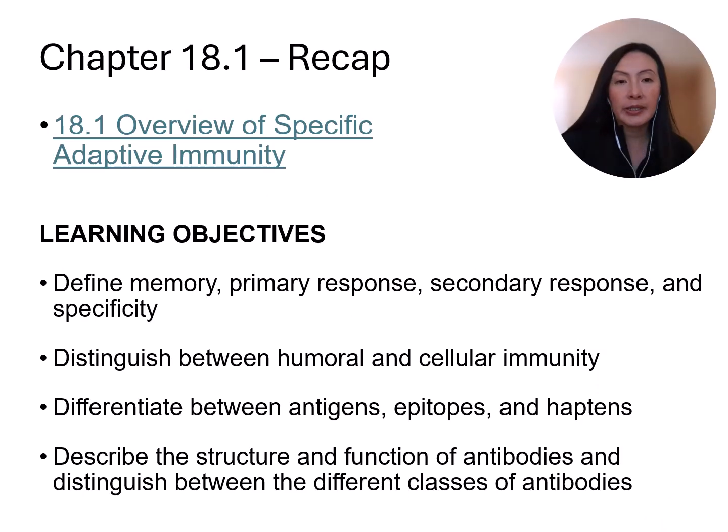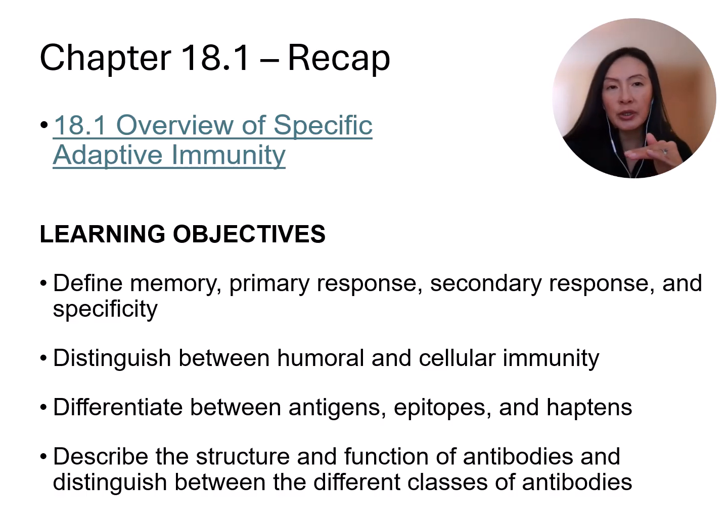All right, let's recap 18.1. Our first learning objective asks, define memory, primary response, secondary response, and specificity. So memory is the adaptive immune system's ability to remember a previous pathogen and mount a faster, stronger response upon re-exposure. The primary response was triggered by the first-time exposure to an antigen.